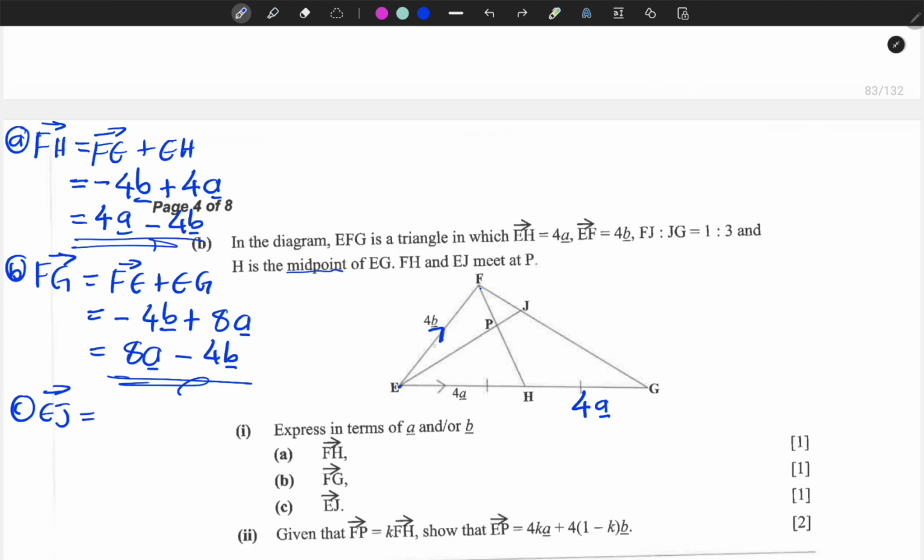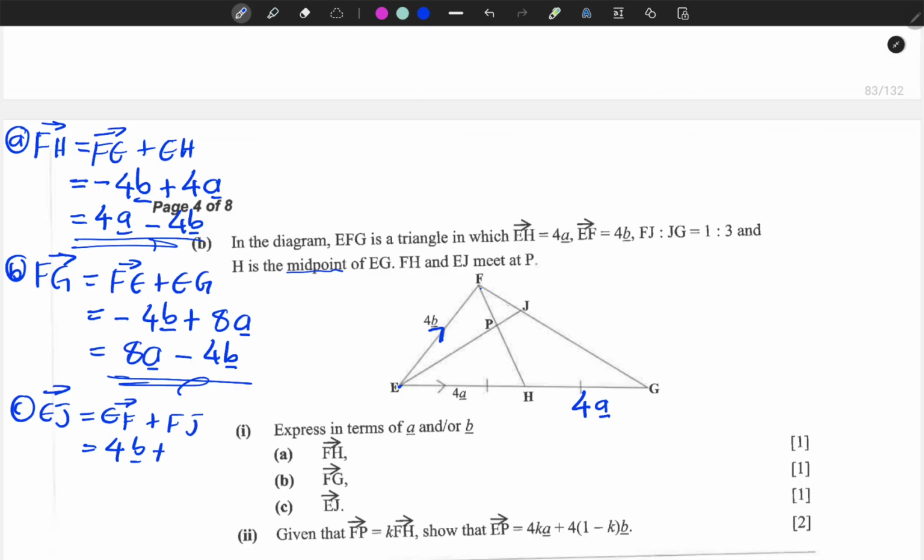So the best way is we move from E to F plus FJ. So what is the EF? It is 4b. This time we are going to get a positive number since it's toward the arrow, plus FJ.